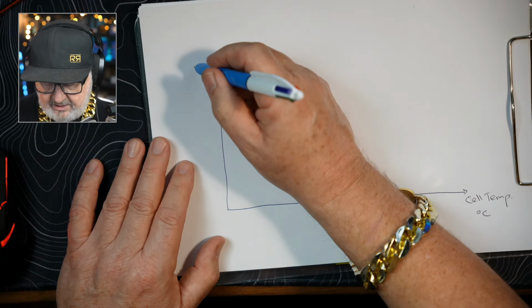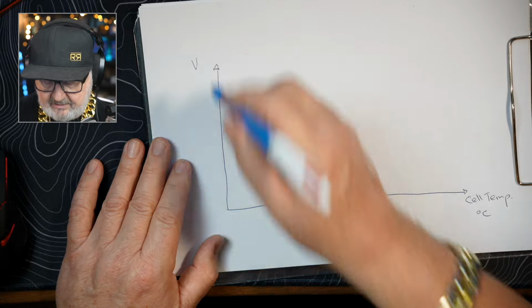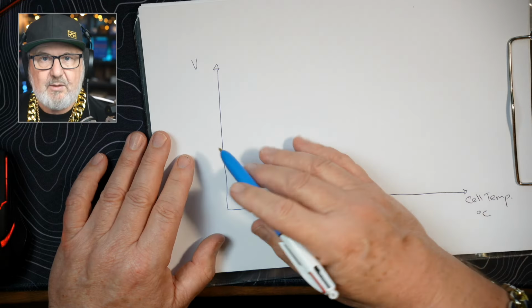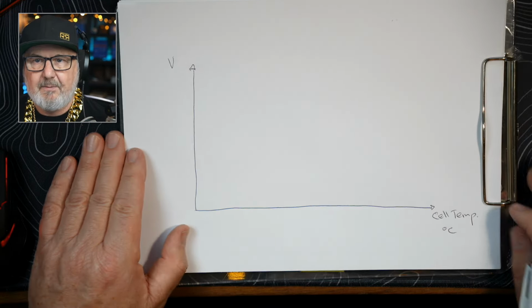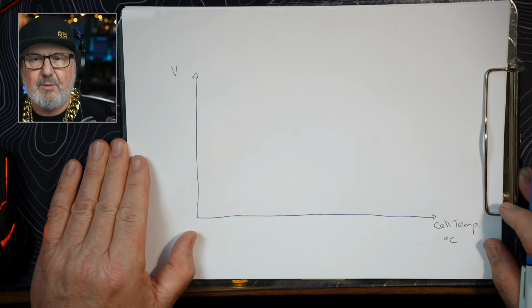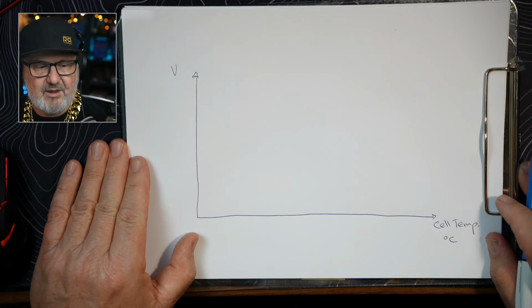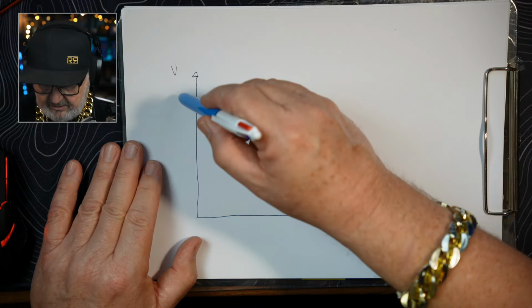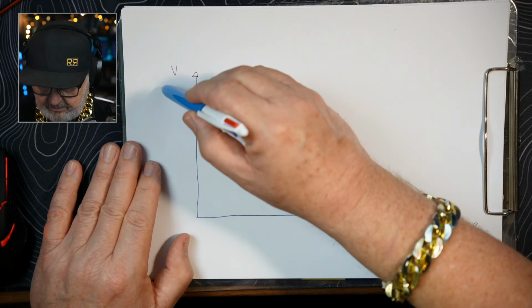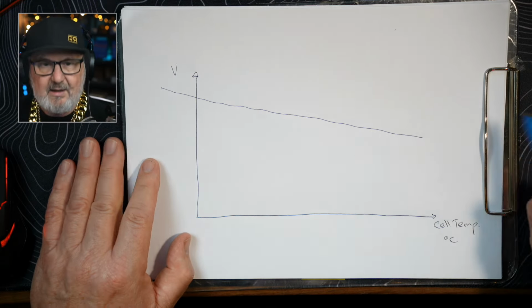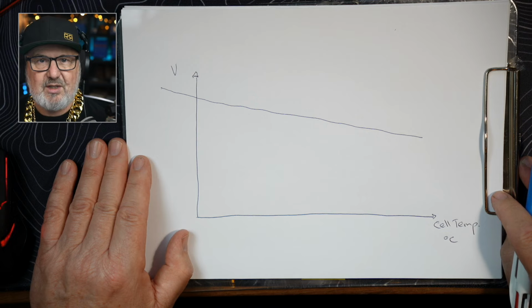And across here, we've got voltage. Now, there's a line which is known as the coefficient for open circuit voltage, and it's given in the data sheet for the product. So that's basically a linear relationship. So it goes like this. There's our line. Now, that's the amount of change, and you'll see that it's downwards.